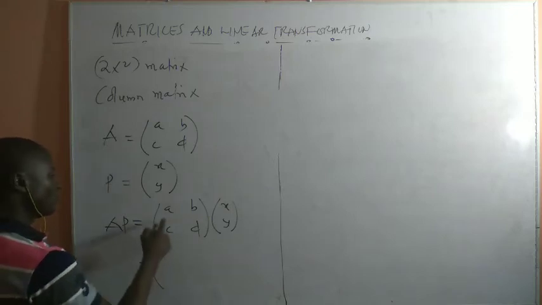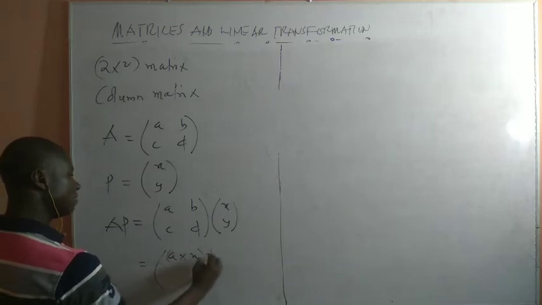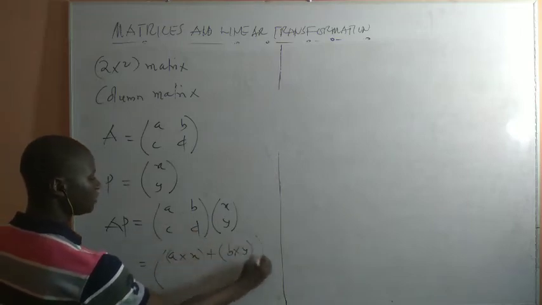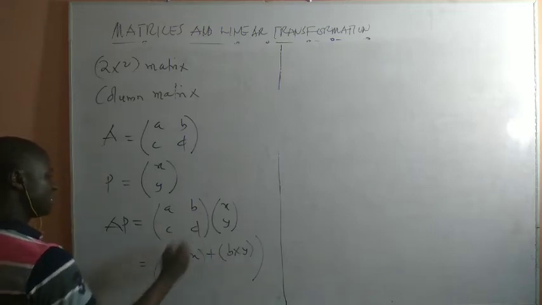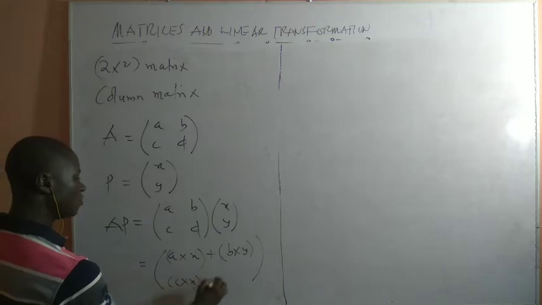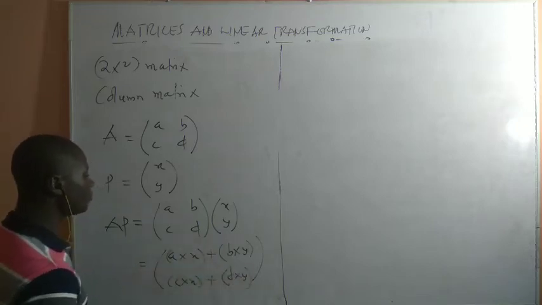So we have A times X plus B times Y, then we have C times X, then we have D times Y.